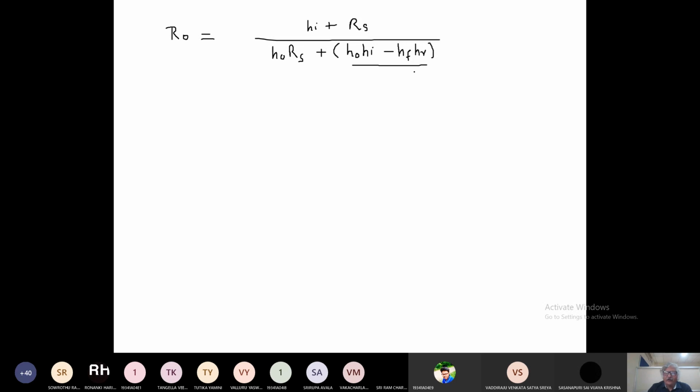We can denote this term by delta. You can also write it as it is, no problem, but for simplification you can do that.